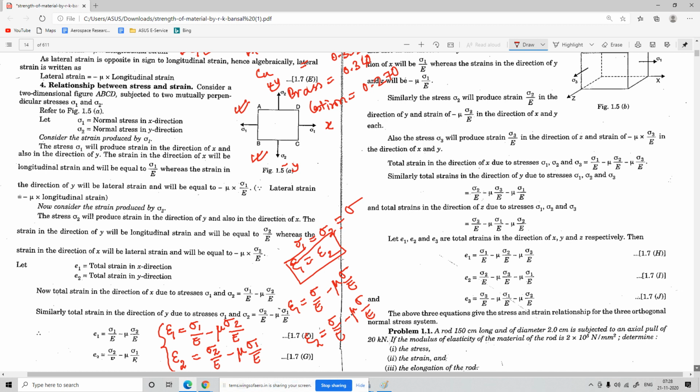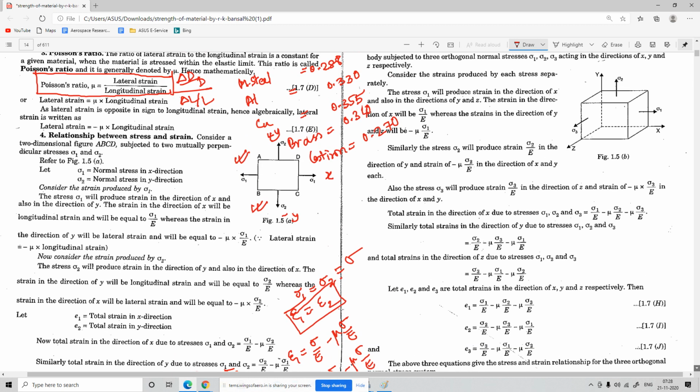Now this is for two directions, x and y. What will happen in the z direction? Suppose something like this figure happens. You can see in this figure we have three different directions: x, y and z. Along x you have sigma 1, along y you have sigma 2, and in the z direction you have sigma 3.